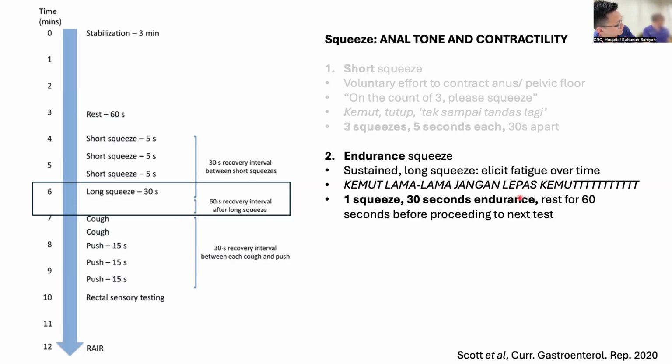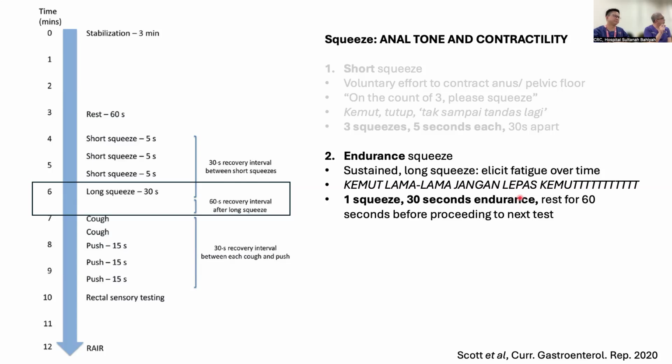Should we consistently ask the patient to cough every time we do PR so that we can test at the same time, and ask the patient to try to push at the end of our PR? Yeah, so during the PR examination, usually we ask the patient to do a squeeze and a push.